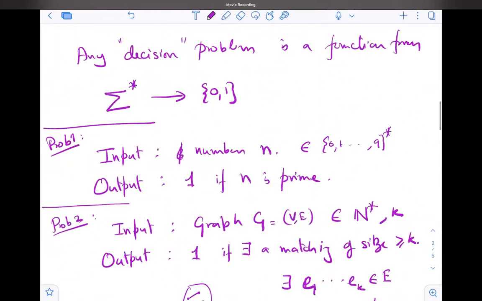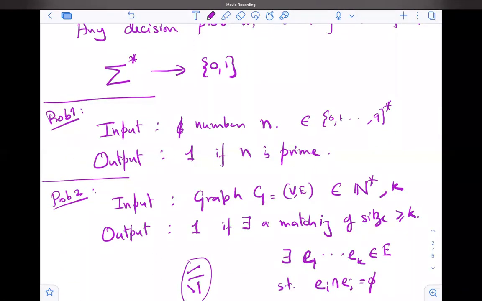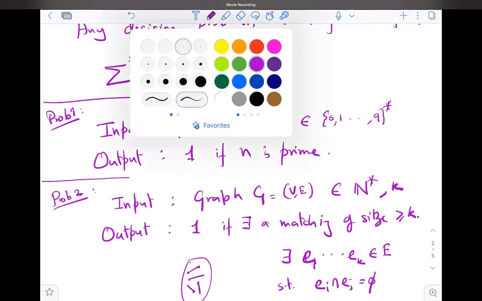So given a language here, the input is in {0,1}^n star, so they are all strings of various lengths over {0,1}. What is the language corresponding to this? Can somebody say the language corresponding to this?